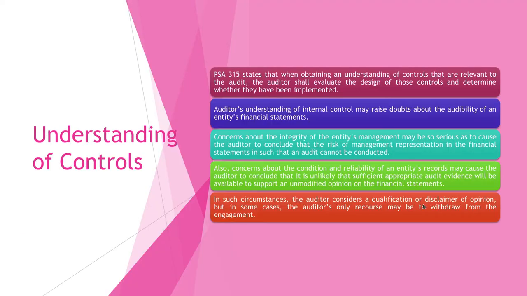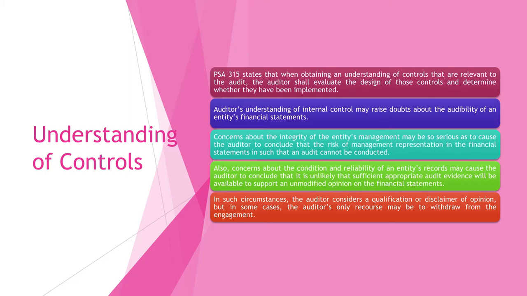Okay? Next, understanding of controls. According to PSA 315, when obtaining an understanding of controls that are relevant to the audit, the auditor shall evaluate the design of those controls and determine whether they have been implemented.